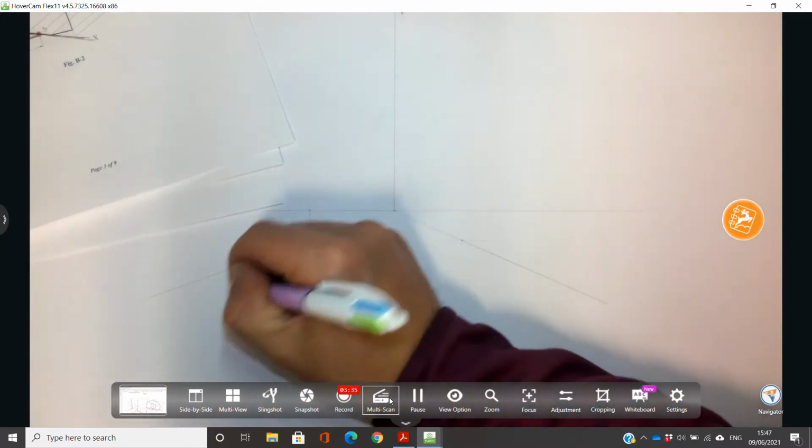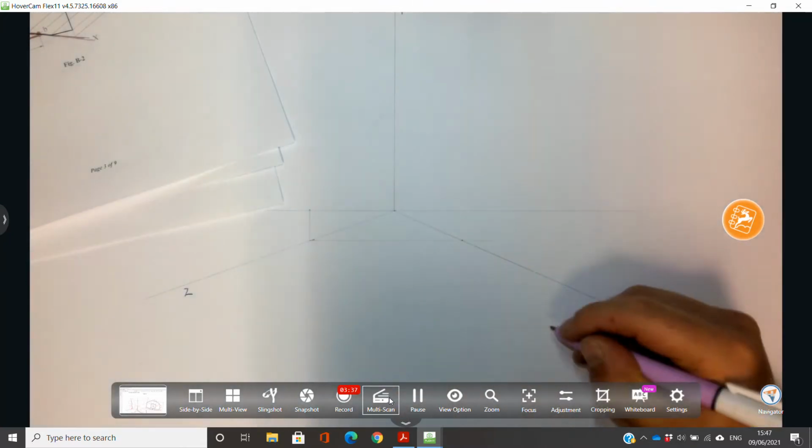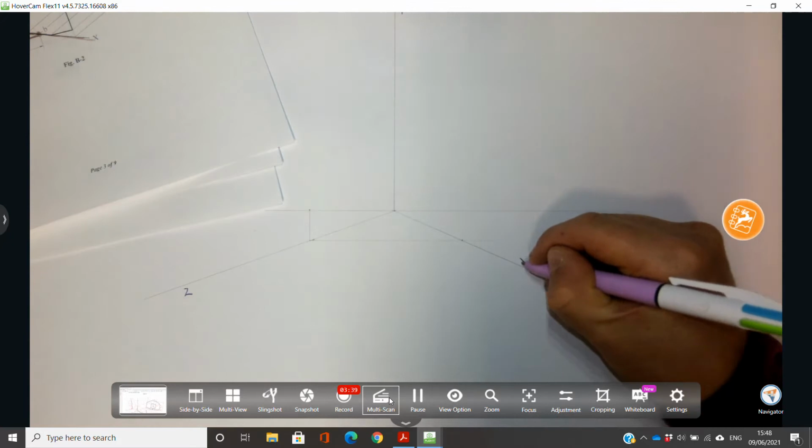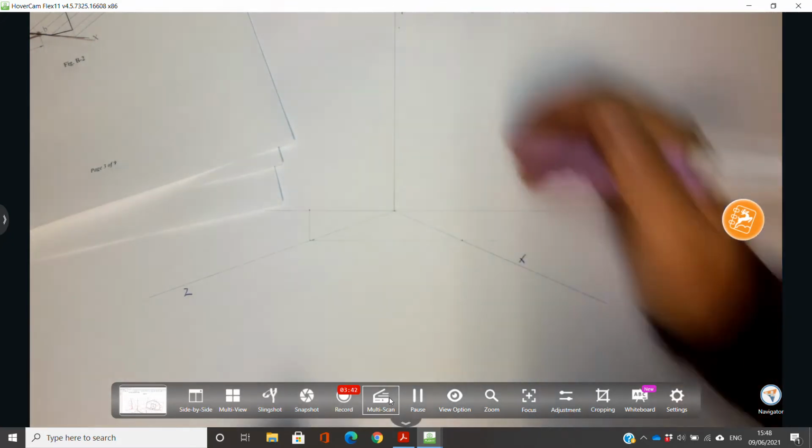Okay, so that's the z-axis, the x-axis, and here's the y-axis.